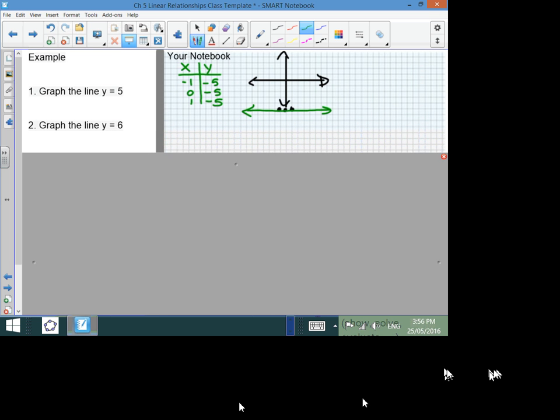So the same thing will happen when y equals -6. However, my line, I'll do it in red, is going to be down at -6. Okay? So notice that this green line crosses at -5, and this red line would cross at -6.